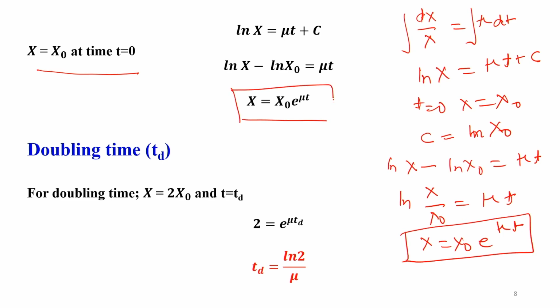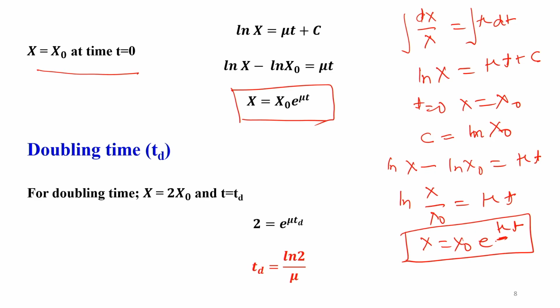So, in this way, at any given time, if the biomass x is known, we should be able to calculate the mu, because here there is only one unknown, that is mu. So, only one equation will be sufficient to find that value. Once we know this, we can quickly calculate the doubling time. So, ln x upon x naught equals mu into t.